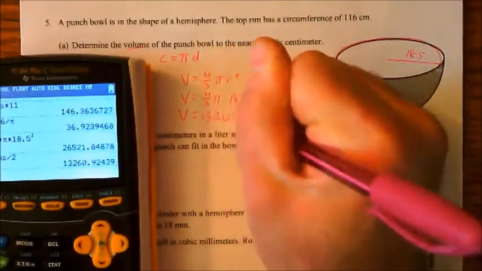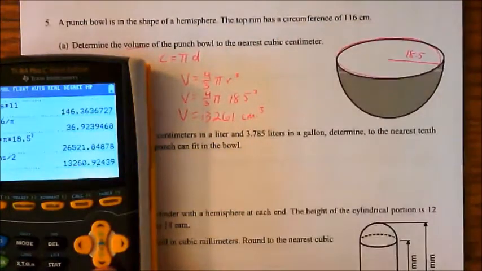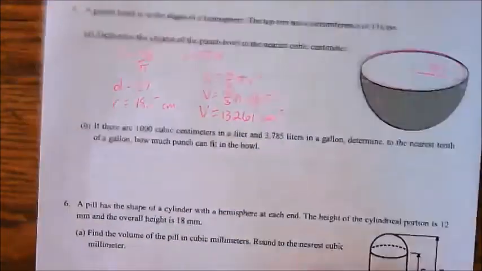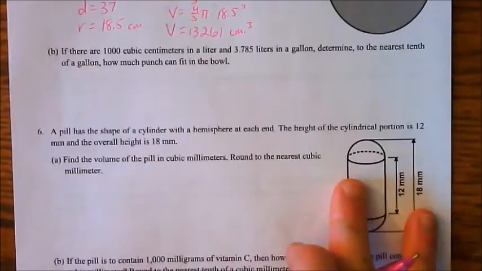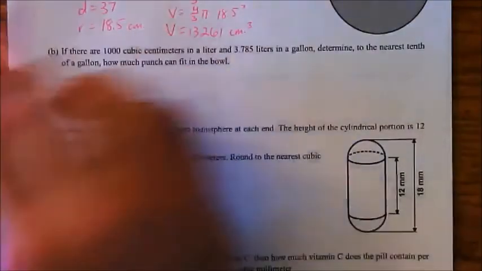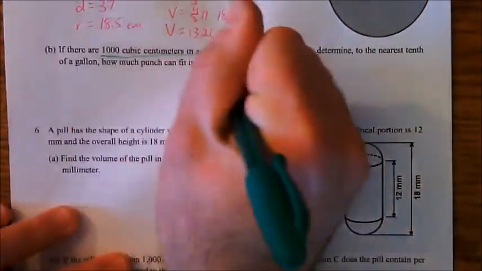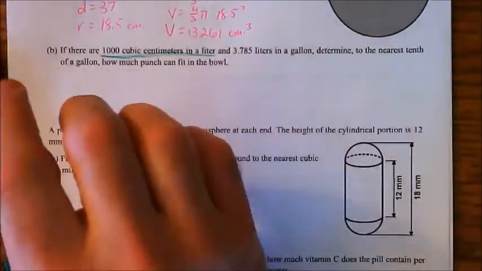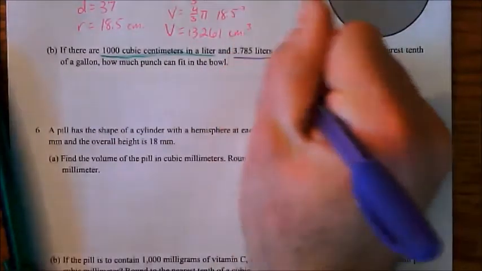So if I divide this by pi, I'm going to get the diameter. 116 divided by pi, I get something about 37. But again, we need the radius, so 37 divided by 2 is 18.5. So about 18.5 centimeters is the radius of that punch bowl.